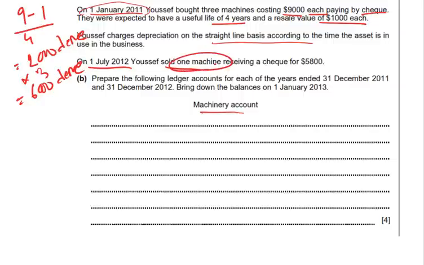This time you did not sell all of the assets, and you received money. But how much was the asset worth that you sold? That was 9,000. Prepare the following ledger accounts for December 2011 and December 2012 and balance them down.